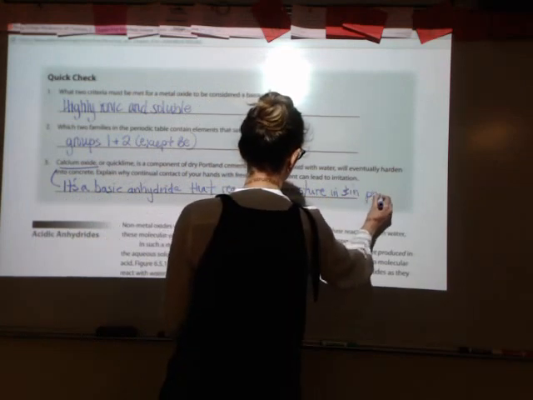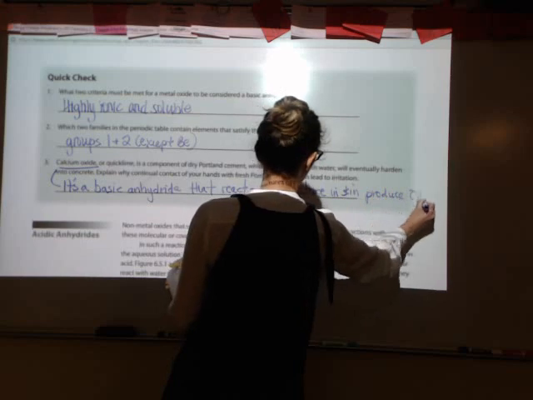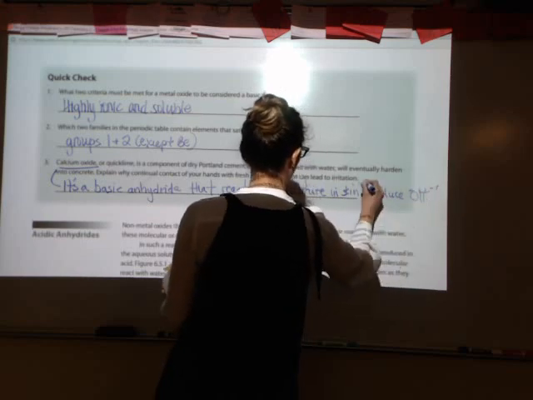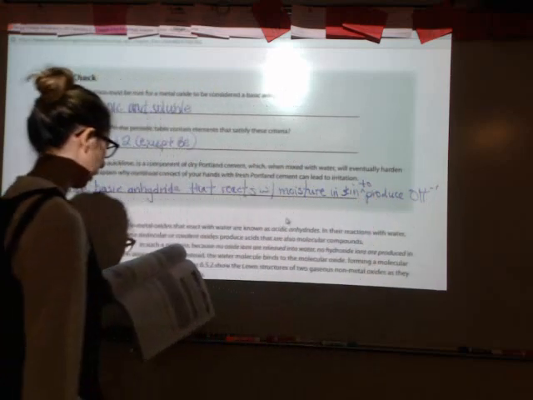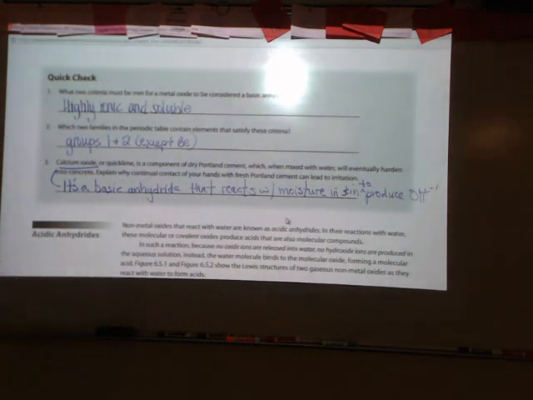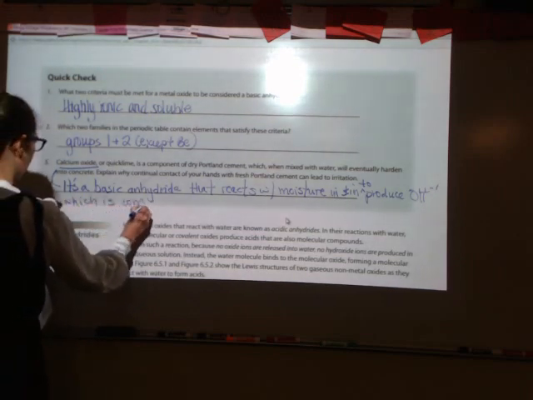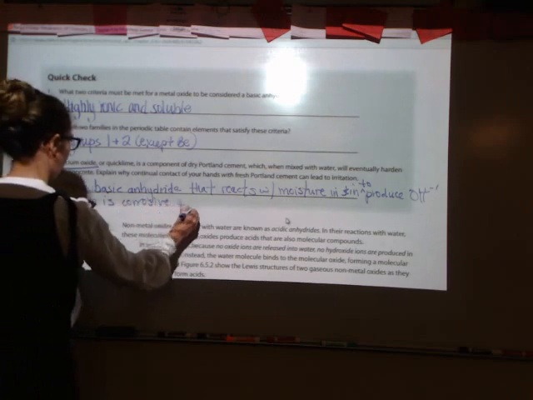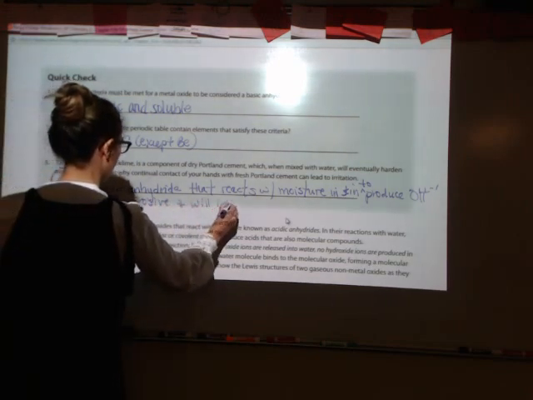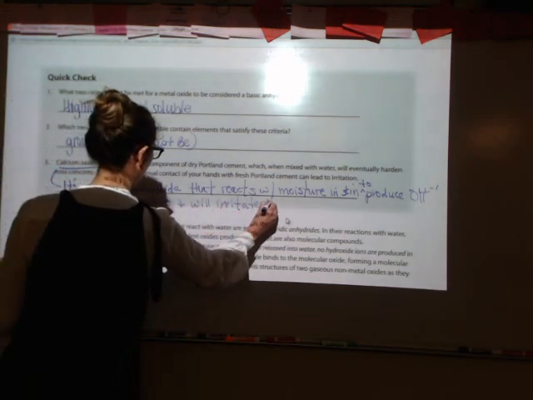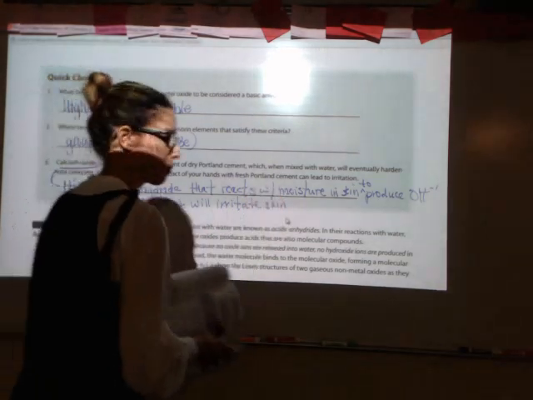So it's going to produce hydroxide ions, and that strong base is going to be corrosive, and it's going to irritate your skin.